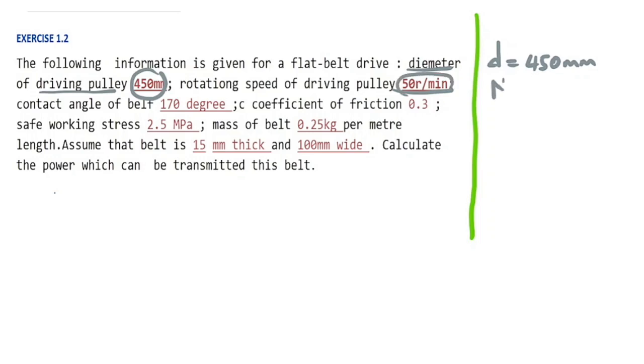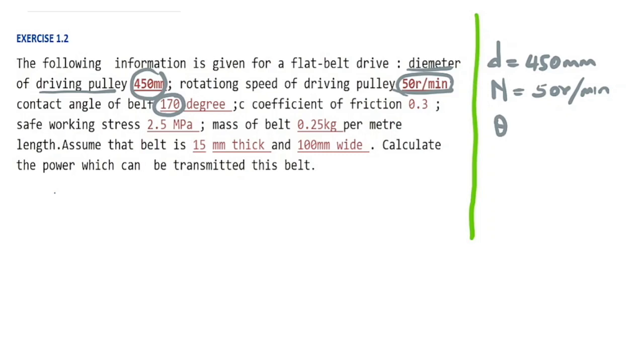N is equal to 50 revolutions per minute. Then we have a contact angle, which is 170 degrees.